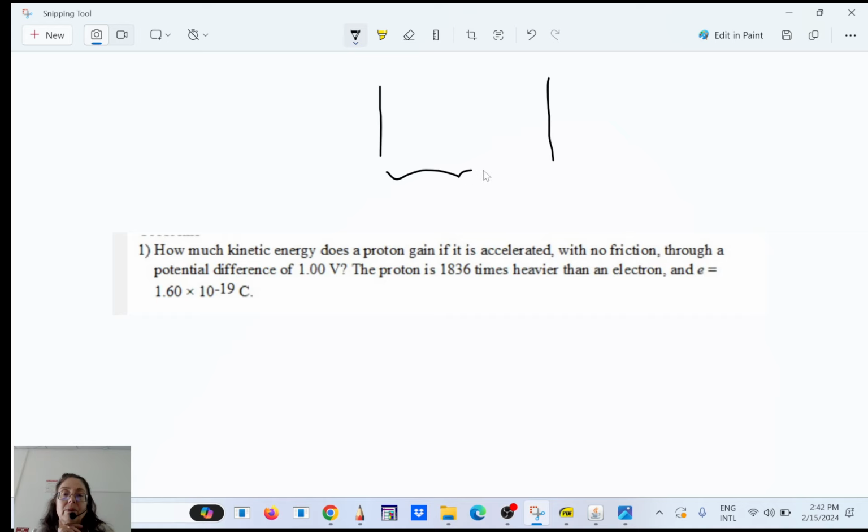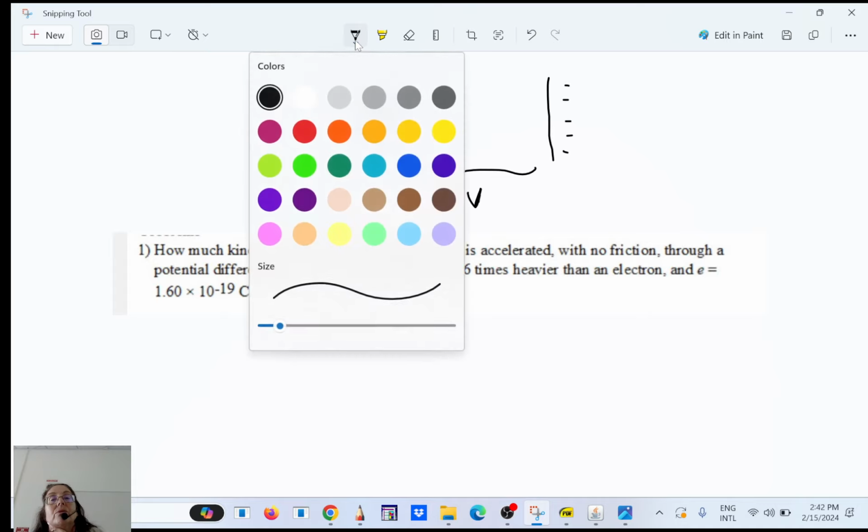So maybe you're going to have 1 volt here, and here maybe you're going to find a way to emit a proton. So here you have like 1 proton here, so that will be E. And this is negative. Okay? So what happens to this proton?